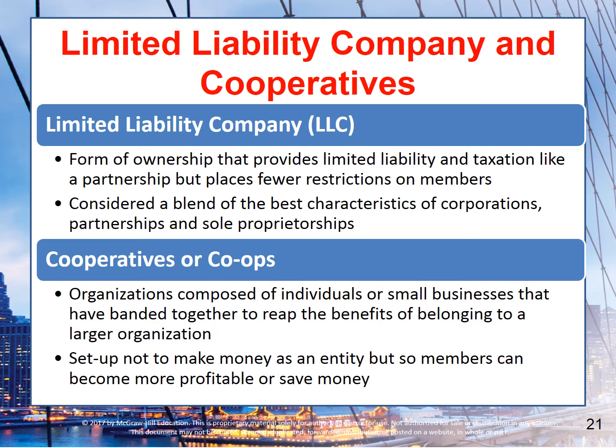It's a form of ownership that provides limited liability and taxation similar to that partnership, but it has fewer restrictions. And it's considered to be a blend of the best characteristics of the corporation, the partnership, and the sole proprietorship. What it is, if someone's going to sue you, they cannot take your personal property. They can only take anything that belongs to the company.